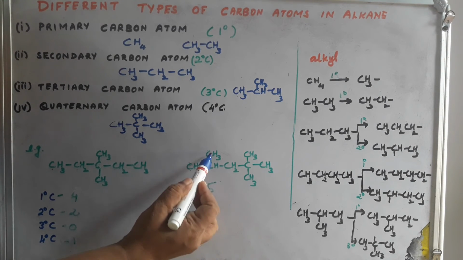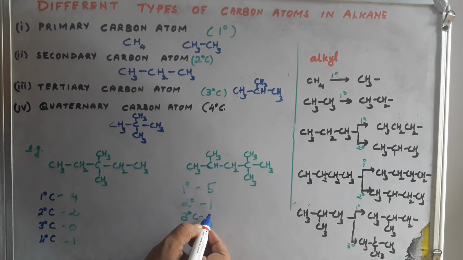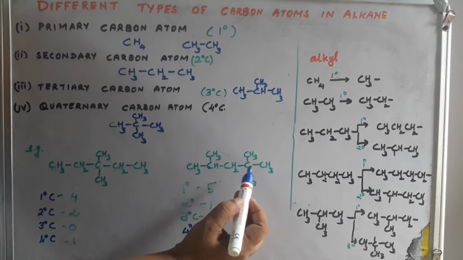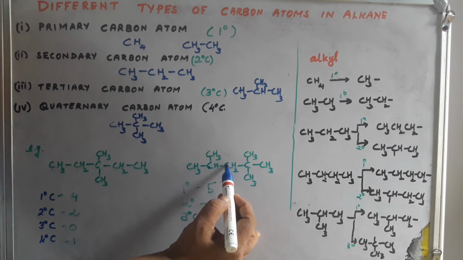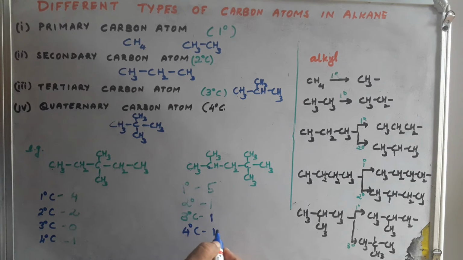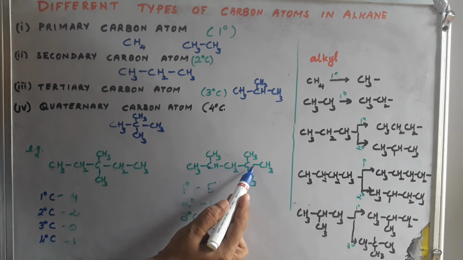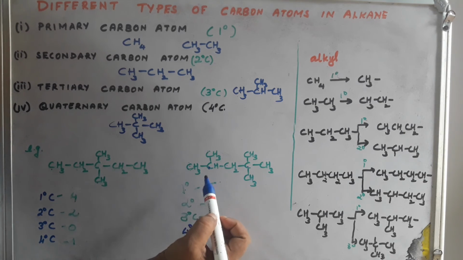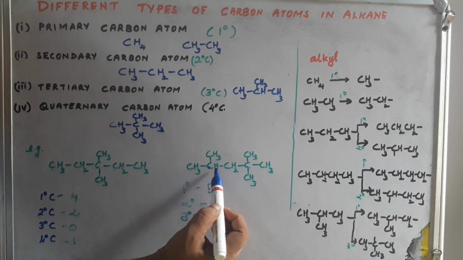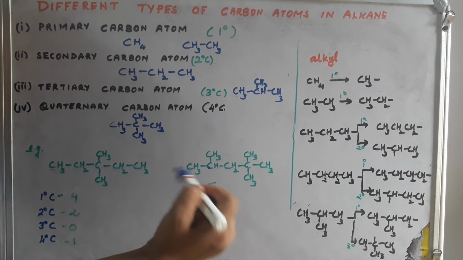There is a carbon which is linked to 3 other carbons, so this is a tertiary carbon. So there is 1 tertiary carbon. Quaternary carbon is present, again 1. This is a quaternary carbon which is linked to 4 other carbons. So primary carbon 5, secondary carbon 1, tertiary carbon 1, and quaternary carbon 1. And look here, a quaternary carbon doesn't have hydrogen. So there is no quaternary hydrogen, only primary, secondary and tertiary hydrogen is present in any alkane.